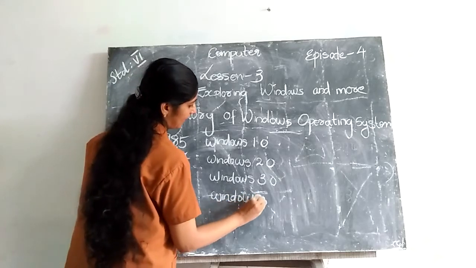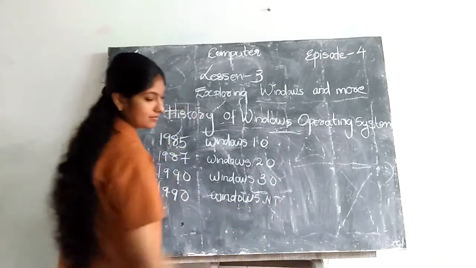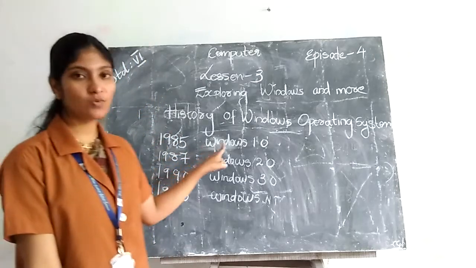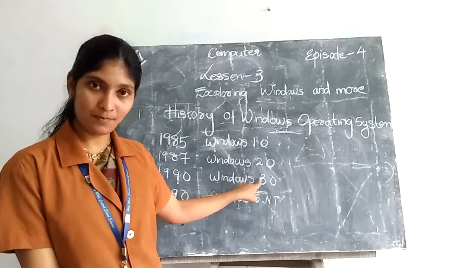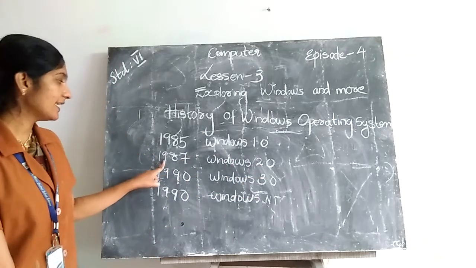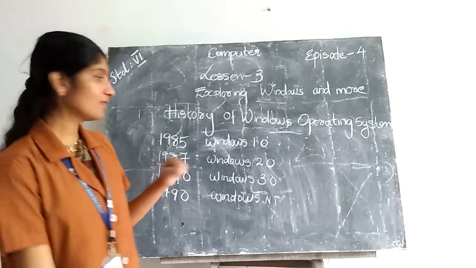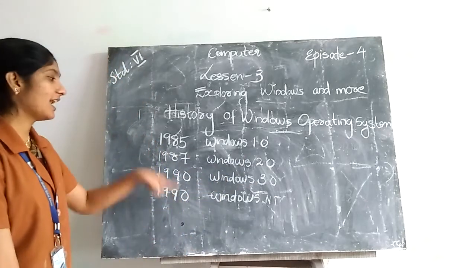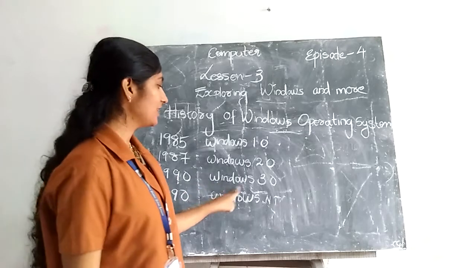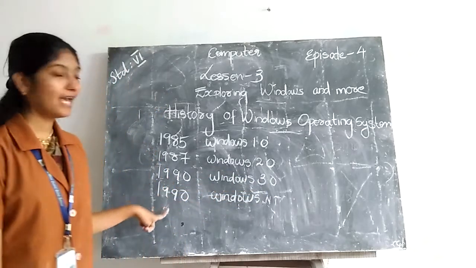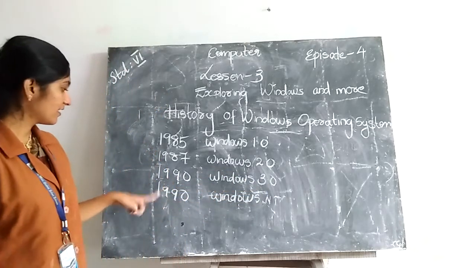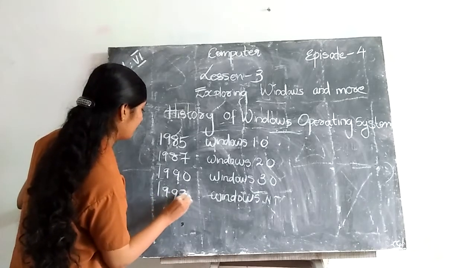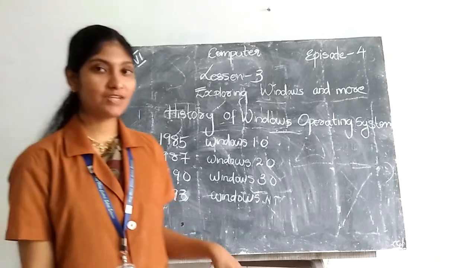So in 1985, the first version is Windows 1.0, in 1987 the second version, Windows 2.0, in 1990 the third version, Windows 3.0, and in 1993 the version is Windows NT.